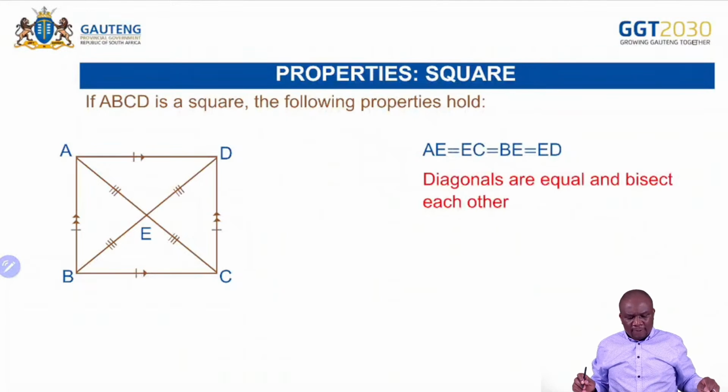Remember rectangle, we said diagonals are equal and bisect each other. So for a square, since it's a rectangle also, the diagonals are equal and bisect each other. Please write that one down: diagonals equal and bisect each other.